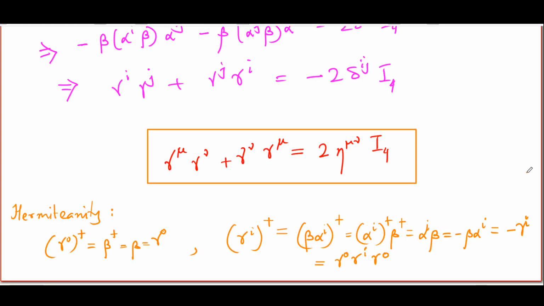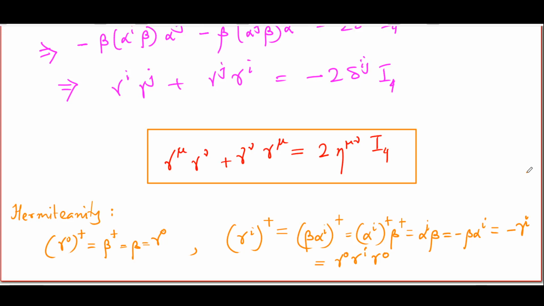Another property of the gamma matrices, which will be useful in later lectures, is a discussion of their Hermiticity or otherwise. Remember, the beta and the alpha matrices were each Hermitian. What about the gamma matrices? Let's take a look. Gamma 0's adjoint is of course beta's adjoint, and beta's adjoint is beta, so that's gamma 0. So gamma 0 is Hermitian. What about gamma 1, gamma 2, gamma 3?